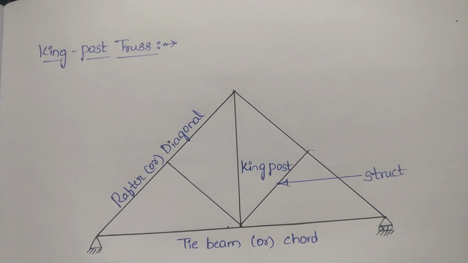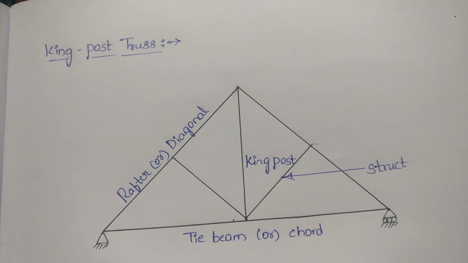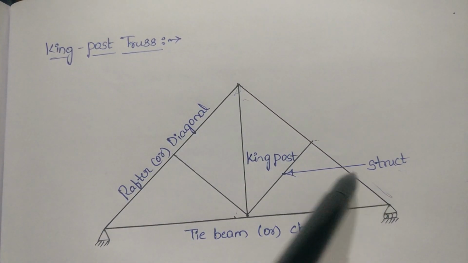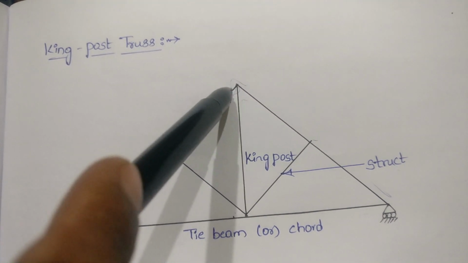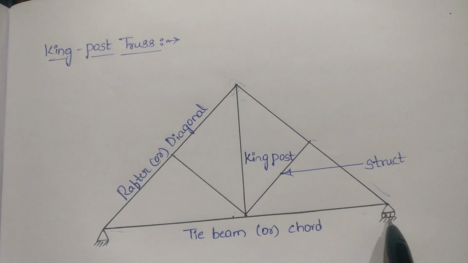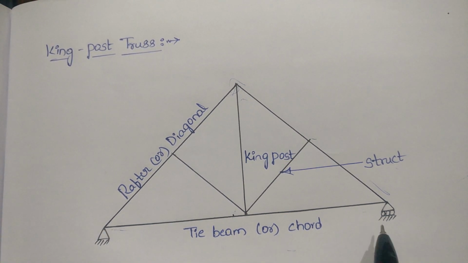Now coming to the king post truss. This truss consists of two diagonal members that meet at the apex of the truss, and one horizontal beam, called a tie beam or chord, that joins the bottom ends of the diagonals together.